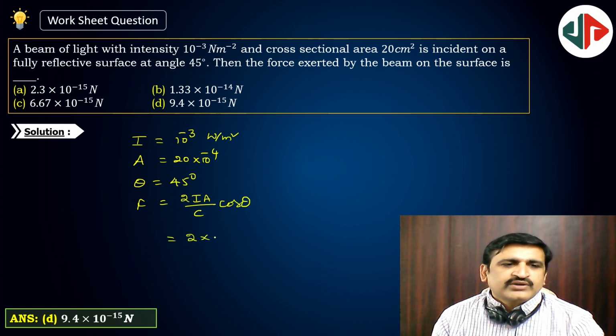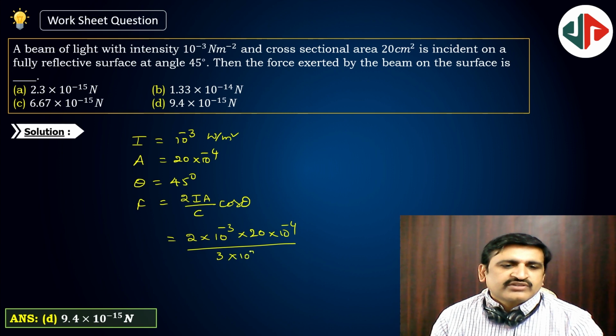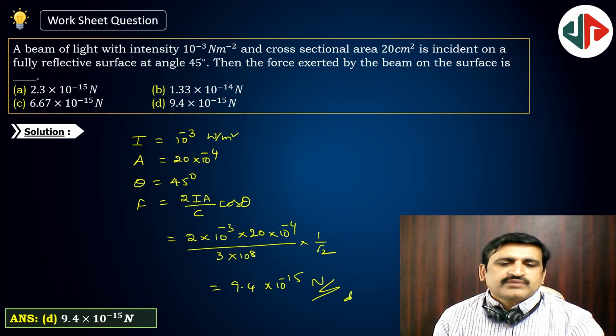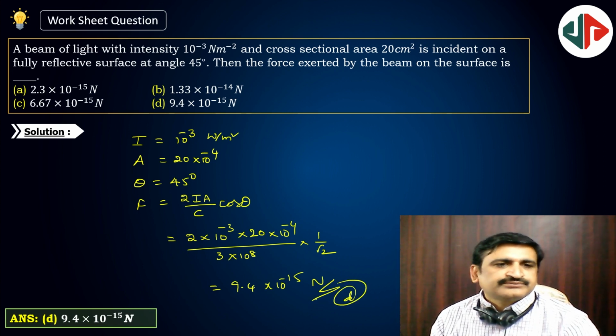So 2 into 10 to the power of minus 3 into 20 into 10 to the power of minus 4 by 3 into 10 to the power of 8 into cos theta, 1 by root 2. It becomes 9.4 into 10 to the power of minus 15 newtons. Option D. Yes. Next.